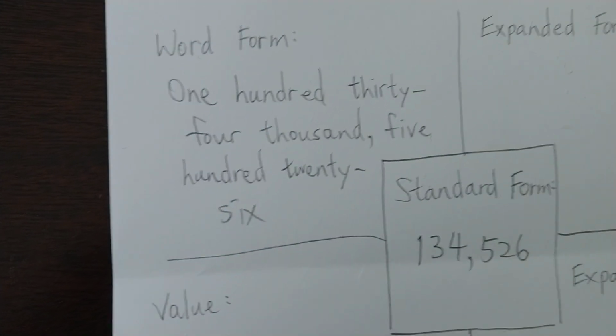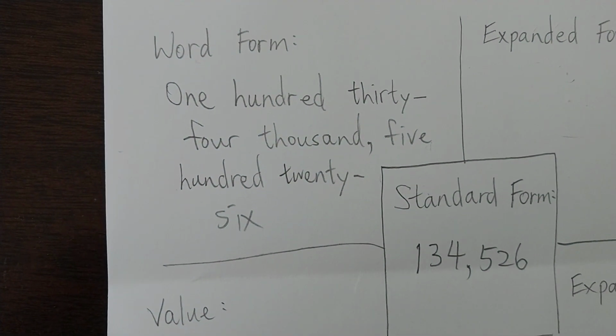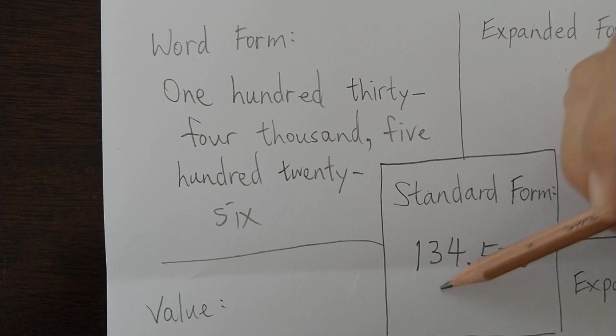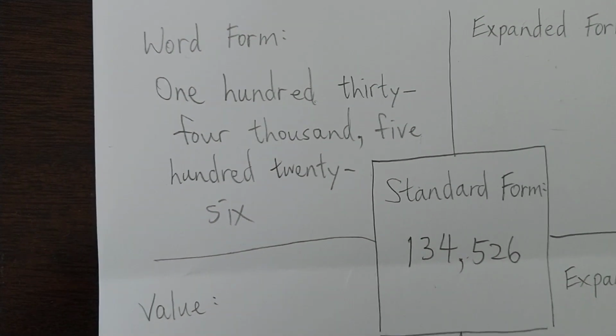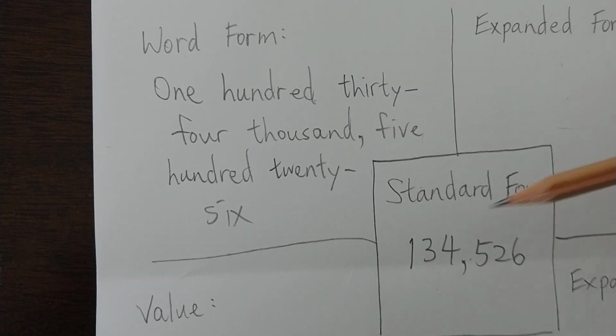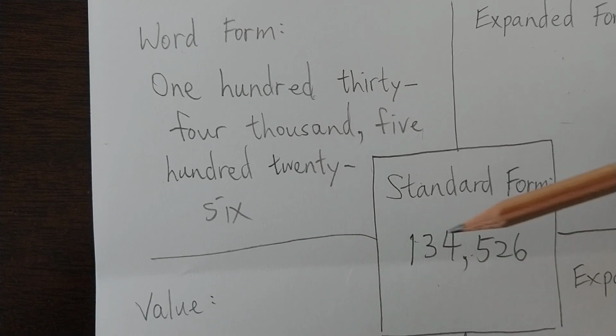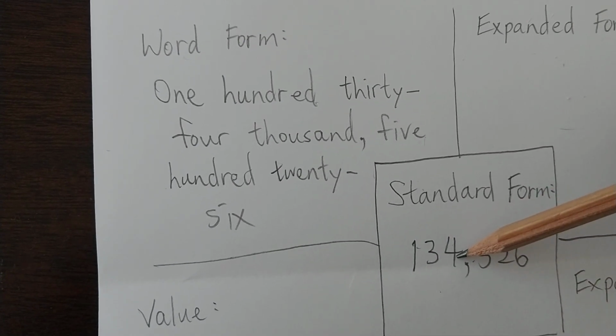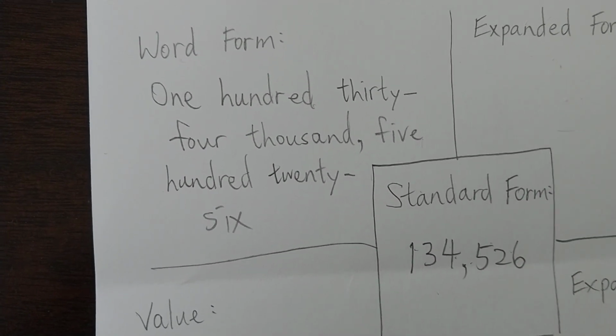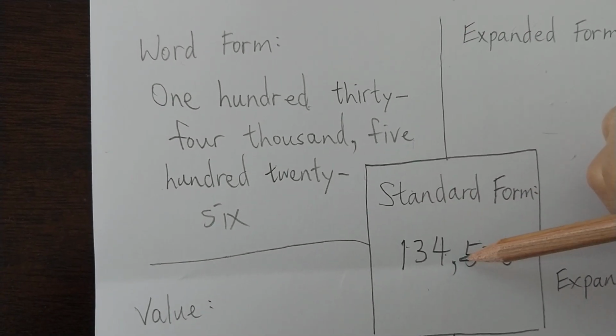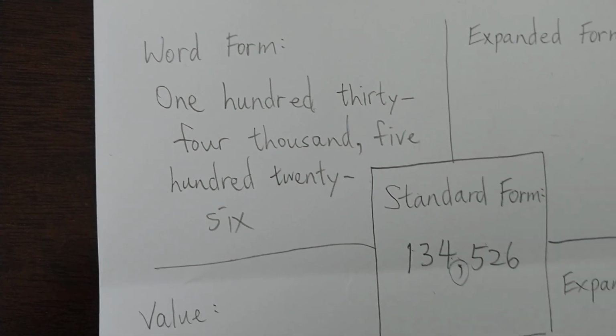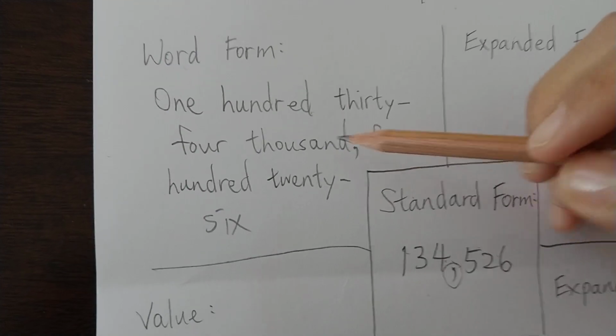So this is the word form for this number, exactly the way they say the number. One mistake students would make is they try to say 100,000, 30,000, 4,526. So we always emphasize that if you have a comma, that's the only time you say the word thousand.